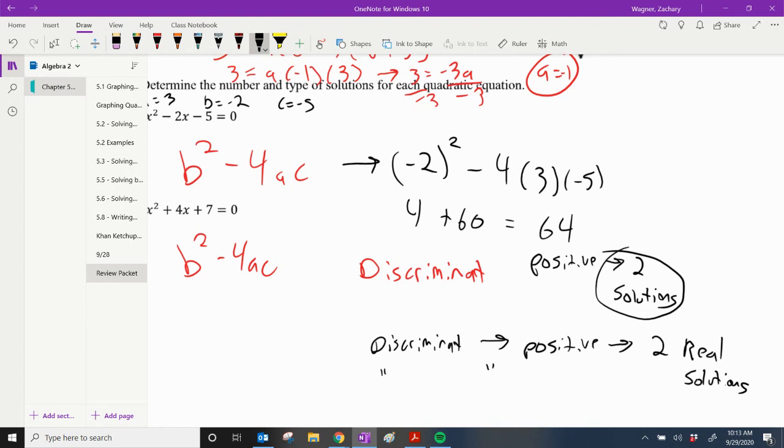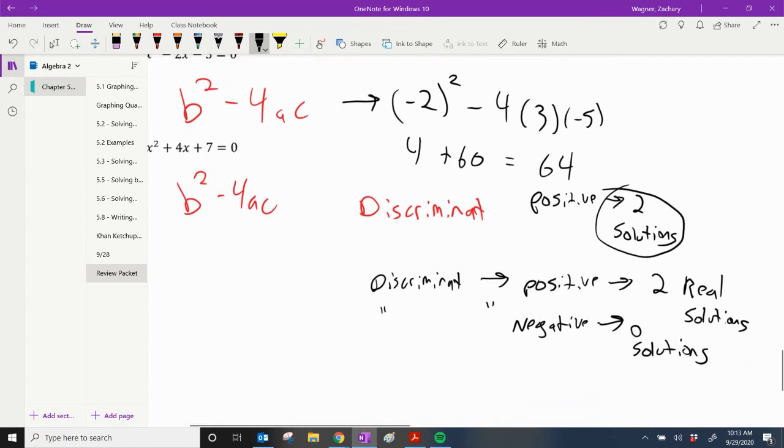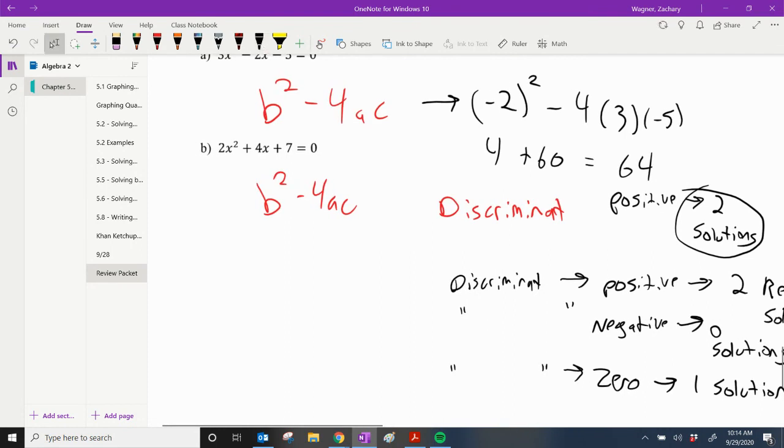When your discriminant is negative, you have 0 real solutions, or two imaginary solutions actually. And when your discriminant is 0, you actually have just one solution, because the square root of 0 is 0. When you add or subtract that, it stays the same.